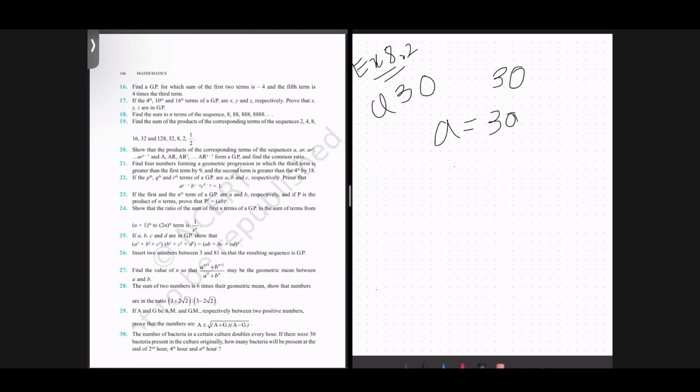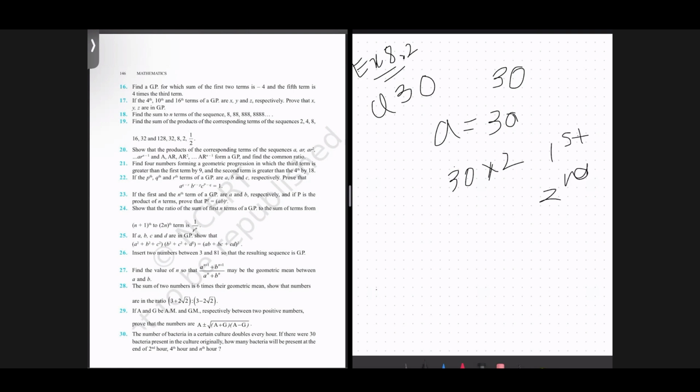As the bacteria double every hour, at the end of the first hour, the bacteria inside the culture are going to be 30 into 2. How did we get there? Because we have been told that they double every hour. At the end of the first hour, they are going to be 30 into 2.